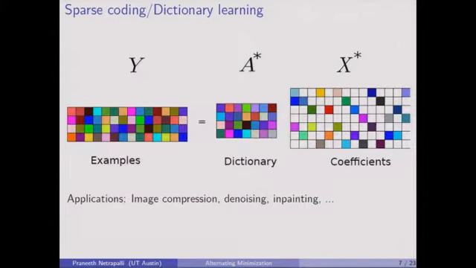Okay. So the sparse coding problem, also known as the problem of learning sparsely used dictionaries, is, given a matrix Y, to decompose it as a product A star times X star, where X star is sparse. In applications, Y is called the example matrix. So each column of Y is an example. A star is called the dictionary matrix.